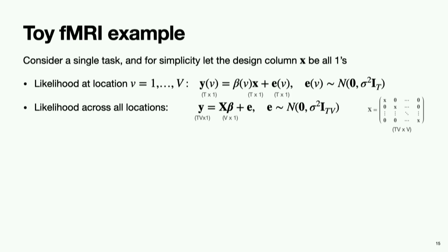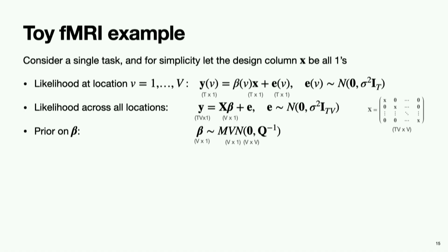Okay, now I'm going to organize it into one big formula. I'm going to take my multiple locations, V, and string all that data into one huge vector, Y. And then I'm also going to organize my design matrix into a big sparse matrix X. I have a single beta, so beta is a V×1 vector.